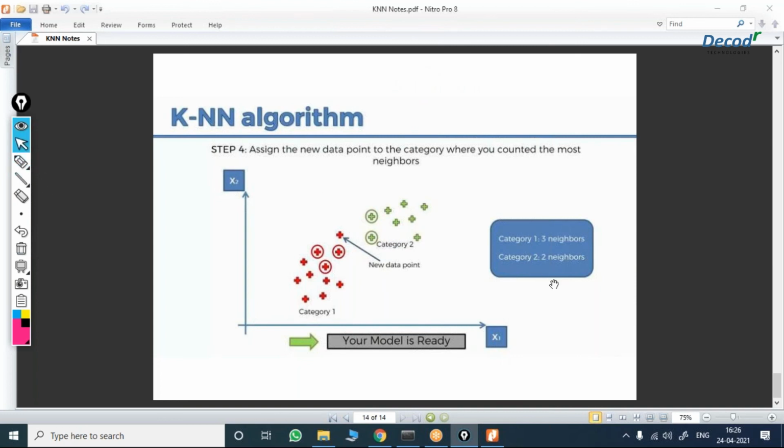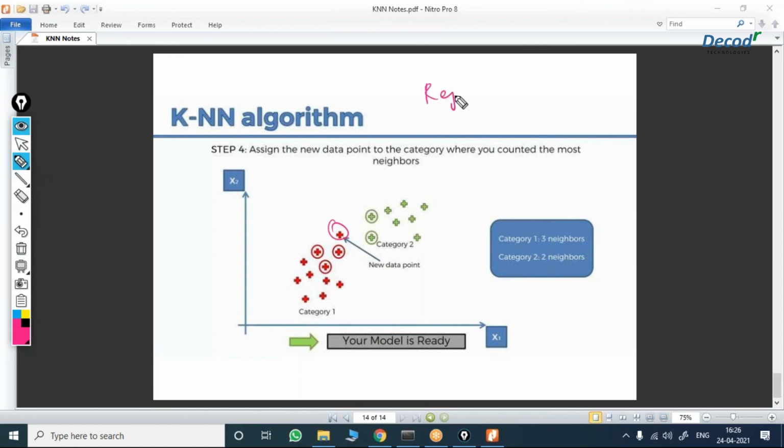KNN regressor versus KNN classification. Any questions, guys? Yes sir, the average for the new point. Yes, the new point will be the average of the nearest 5. You have to assign a value to the new point, right?